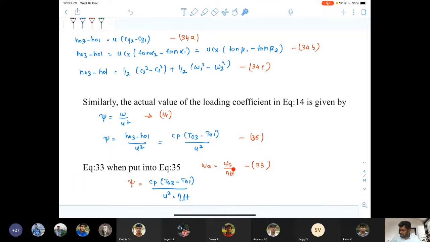That is, we have just used this equation and correlated it with this equation, and thus we have attained an equation which is Cp times (T03 minus T01) divided by U square, which is nothing but the isentropic work, into eta TT. Thus we have obtained the loading coefficient value as Cp times (T03 minus T01) divided by U square into eta TT. And now consider this as equation number 36.